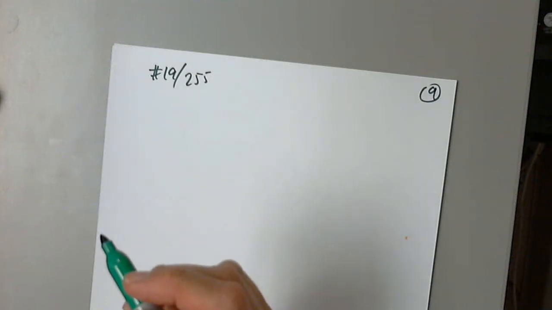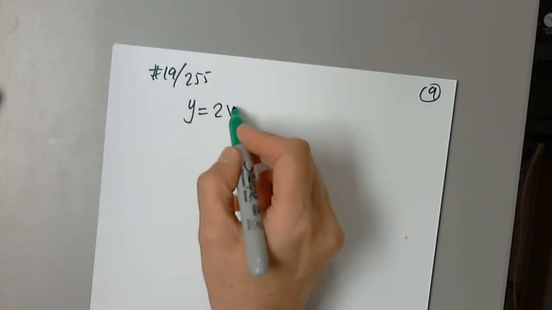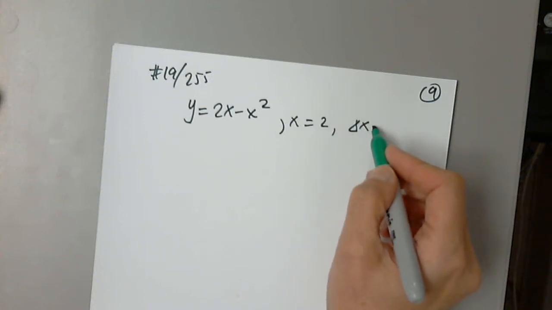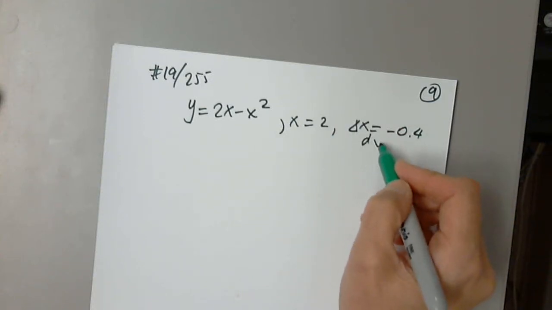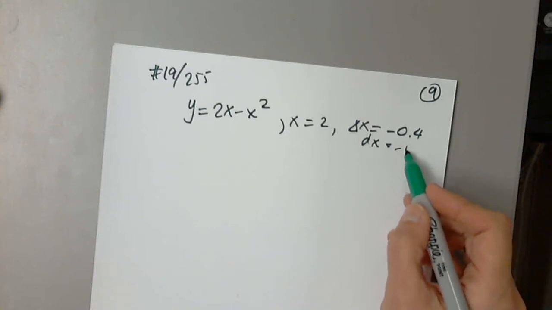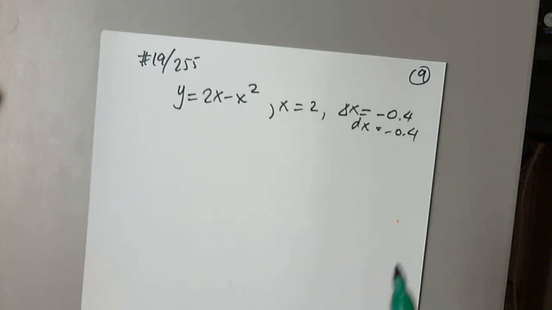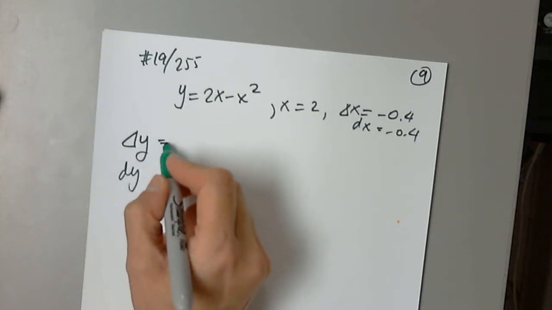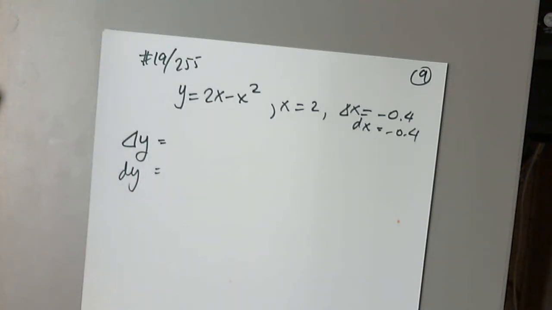On page 255, we have y equals 2x minus x squared. We are given x equals 2, and delta x equals negative 0.4. Of course, it's the same with dx. And we're asked to find delta y and also find dy. And then we look at linear approximations.